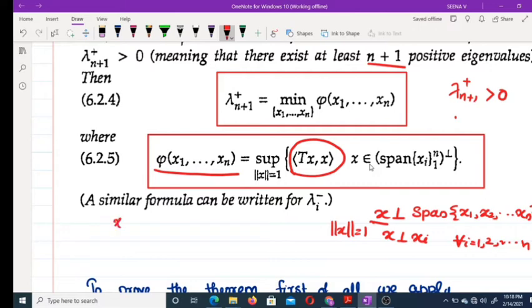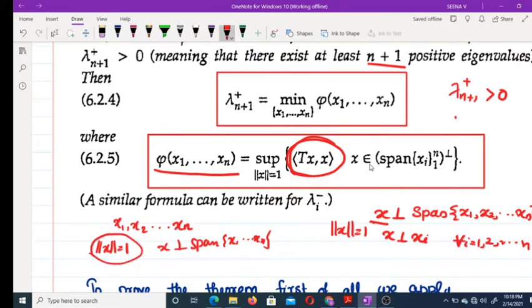First we consider x1, x2, etc., xn in H. Then you choose x such that norm of x equal to 1 and x is orthogonal to the span of x1, x2, etc., xn. Then evaluate the inner product of Tx, x. Then take the supremum over those x such that norm of x equal to 1.